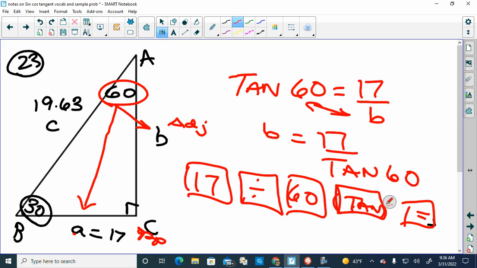Tell me what you get, so we can make sure we're getting it. Is that what? 9.81. Yeah. Do you have the green one, or you have a different one? Green one? So you want 17 divided by 60. Sometimes the degrees change to rad. Rad. Yeah, so shut it off.